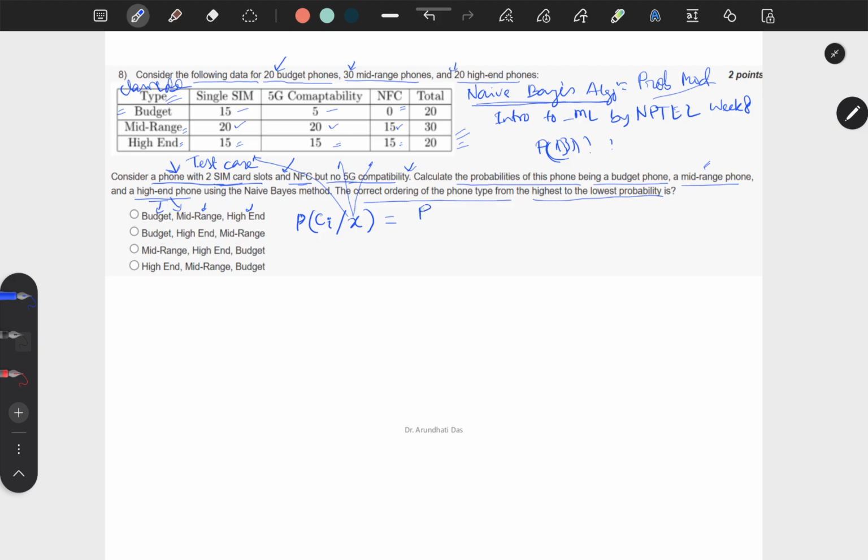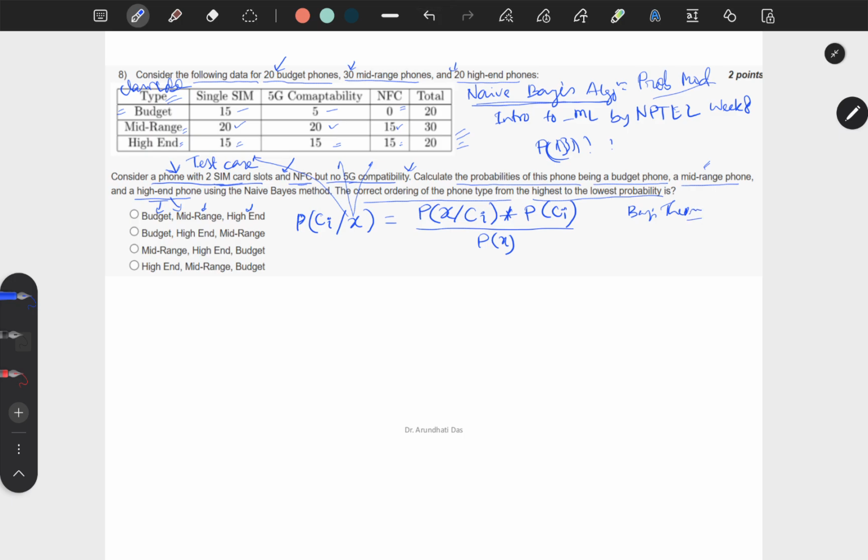It is equal to the probability of the feature values given the class level, multiplied by the probability of that class level, upon the probability of x. This model or hypothesis we have obtained from the Bayes theorem of conditional probability.